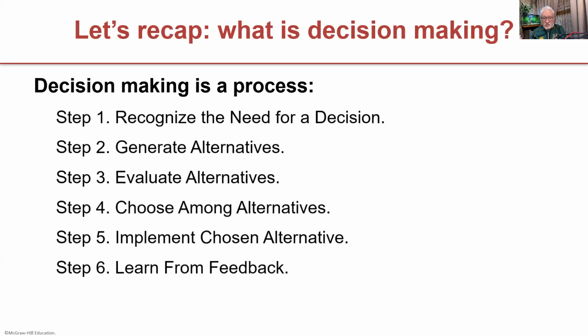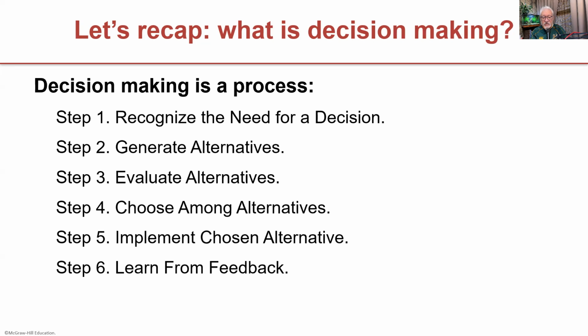Now, if decision making is a process, because we've agreed it's a process, we see that there are 6 steps. The steps are to recognize the need for a decision and the need to actually make the decision and not simply sweep it under the carpet as something you can come back to later. It is, in step 2, to generate alternatives and then to evaluate those alternatives and choose the best one and then make it happen.